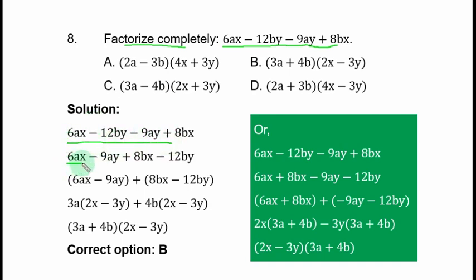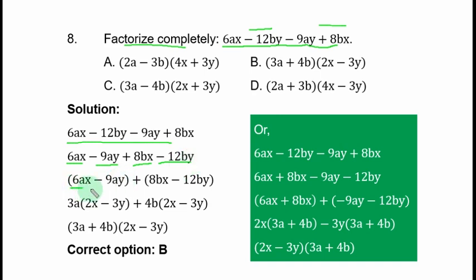If I should take 6as, I can pair it with minus 9ay. Then I'll have now the remaining terms, you follow alphabetical order. You already see b is common between s and y. S comes first, so I will take plus 8bs before minus 12by. If you didn't do it this way, you will have problems with the order of the letters.